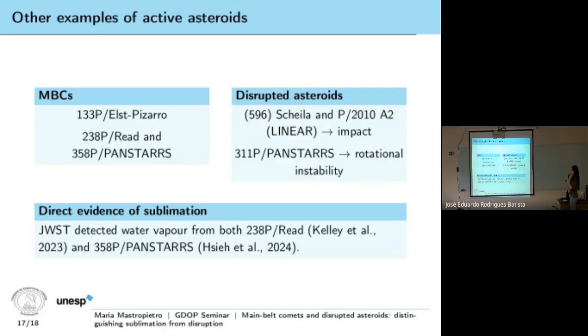And for examples of disrupted asteroids, we have Shelia and Linear, which showed dust emission due to an impact or collision, and 311P Pan-STARRS, which shows activity due to rotational instability. This dust emission was very different from this dust emission, because we could see 9 different tails over different months, and the object was not at perihelion, so sublimation activity was ruled out.